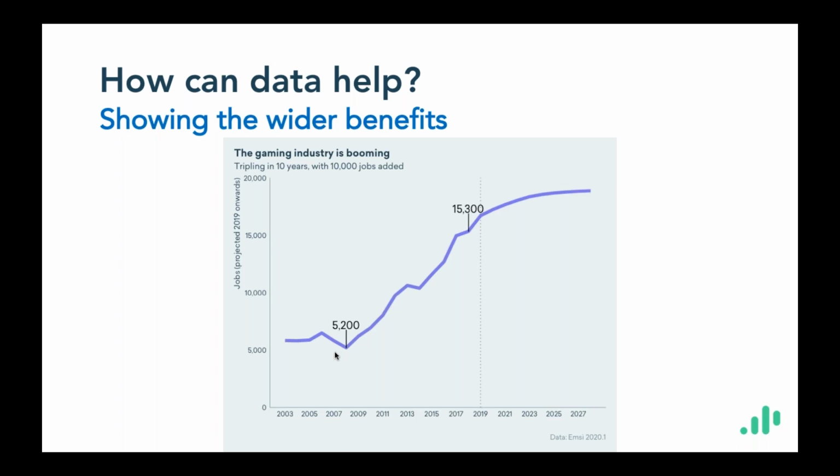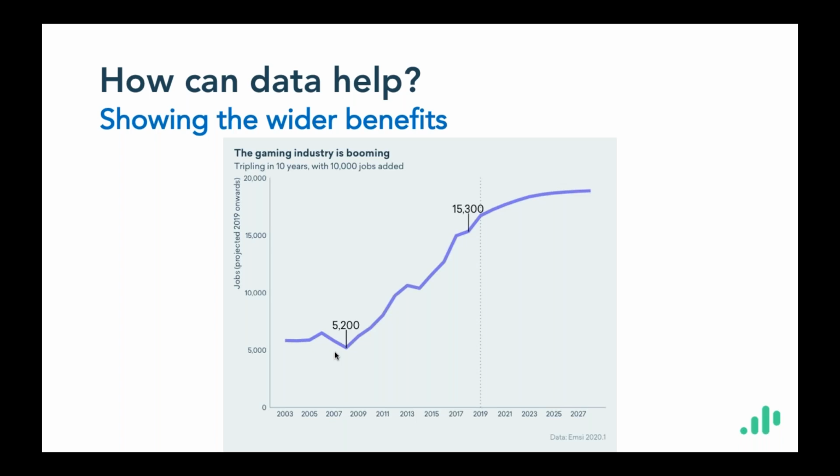So, for example, if we take jobs in the gaming industry, obviously a very popular and, dare I say, trendy area to work, and lots of interest from students in getting jobs in that kind of industry. Well, that's good, because the gaming industry is booming.